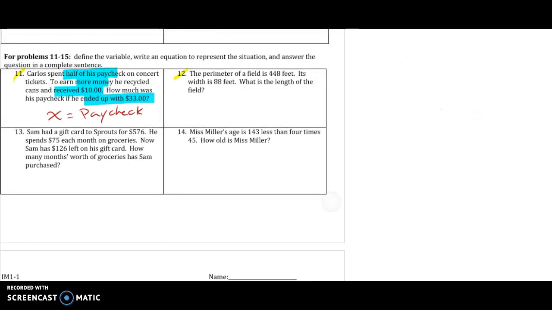Number 12. Perimeter is 488. Width is 88. What is the length? The length, let's make it x.